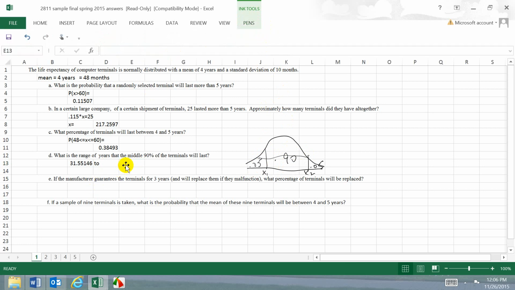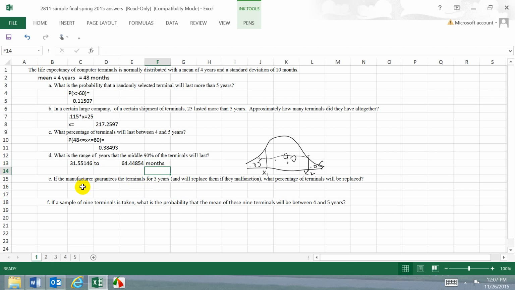So that's going to be norm inv of 0.95, and again the mean is 48 and the standard deviation is 10. So we have from 31.55, this is all in terms of months. So the middle 90% will be from 31.55 months until 64.44 months.